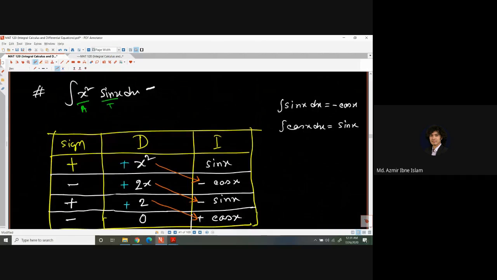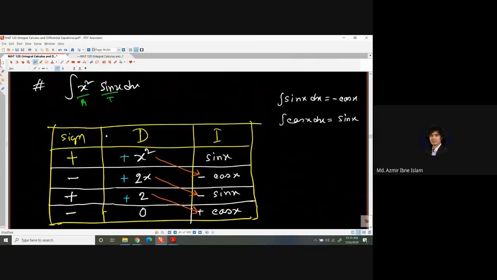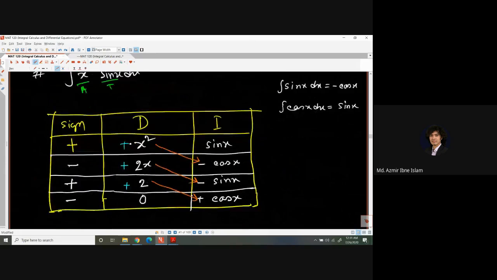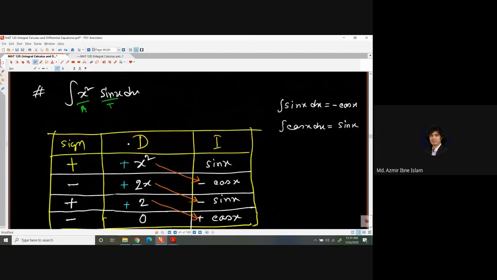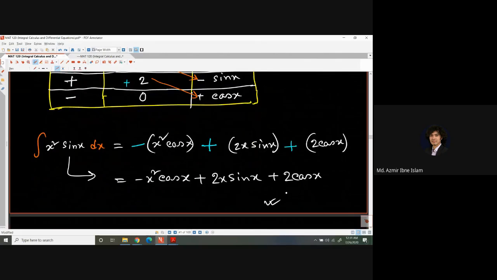If you try to solve the same problem by integration by parts, the UV technique, things will be very lengthy because you have to integrate several times. So instead of integration by parts, the tabular method helps us get the answer quickly.